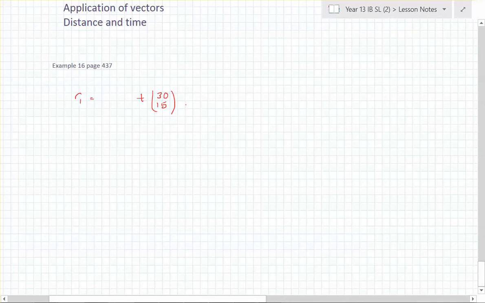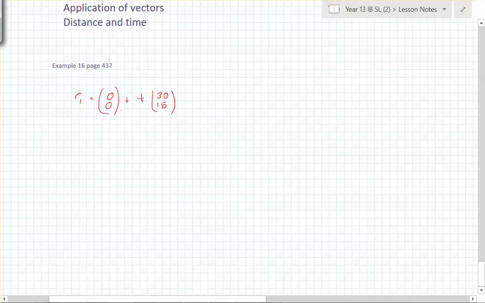y component. Now we are used to seeing something in front of that, which is the initial point, starting point. So what could you include before that? It's not necessary, but so we say the position vector of the boat is given by t(30, 15). We could have included a (0, 0). Okay, so we could put a (0, 0).